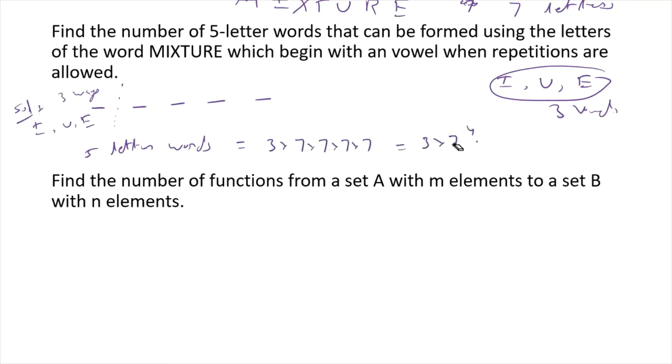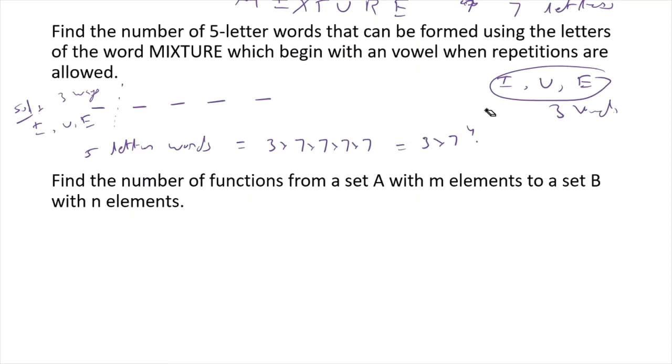So here 3 stands for the number of ways of filling the first blank, and 7 raised to 4 stands for the number of ways of filling the remaining 4 blanks. There are no constraints on the remaining 4 blanks. Therefore, I can fill the remaining 4 blanks with any of these 7 letters.